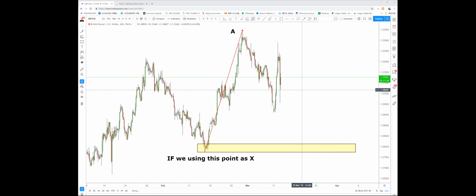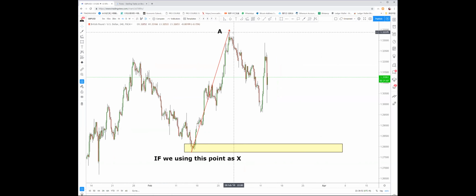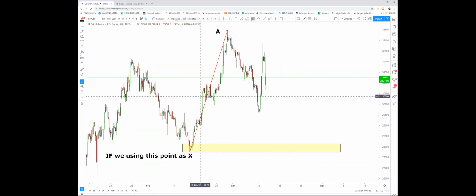Okay, good. Right, so if we point this as a leg XA, where is the B?